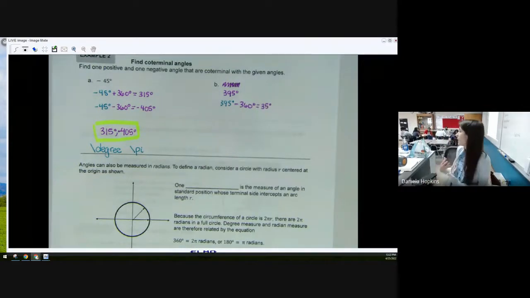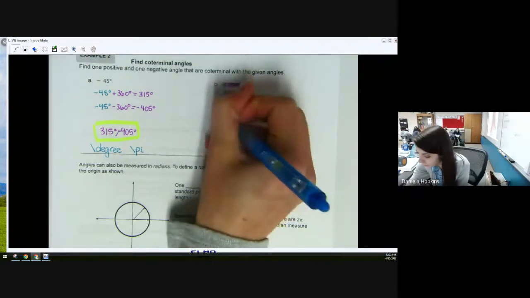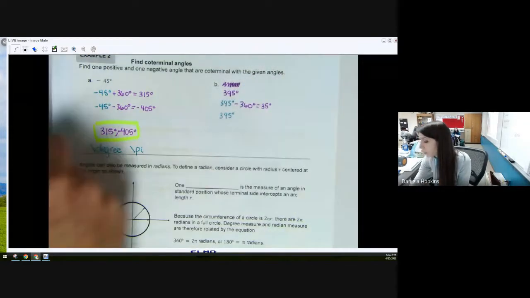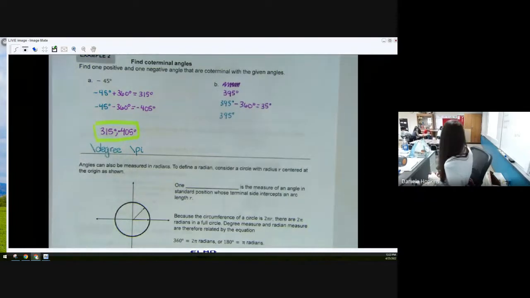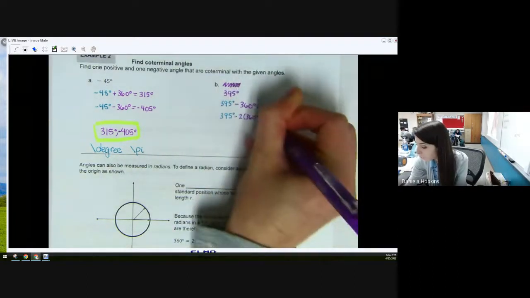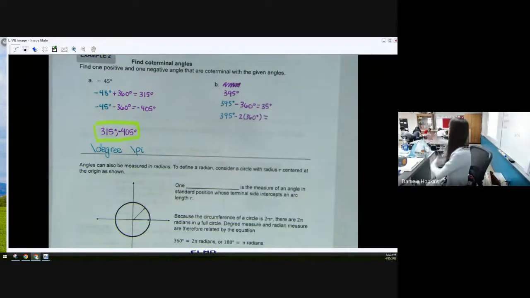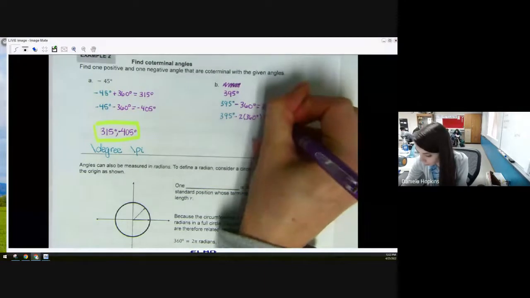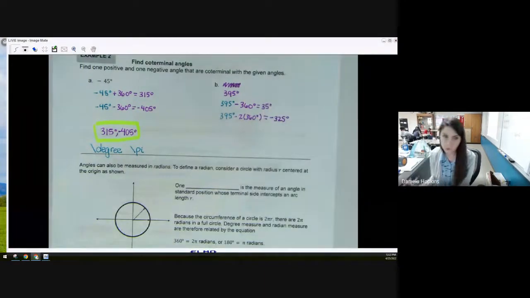Now, I haven't gotten my negative coterminal angle. What could I do to this 395 to get a negative coterminal angle? Because I already took away 360 and it didn't get me into the negatives. Say that again? Yeah, so you multiply by 2, right? So we could say, okay, minus 2 times 360, which yes is 720. And really, if you just think about it in terms of rotations, this is saying take away 2 rotations. And that would give me negative 325 degrees. So now I have a positive and I have a negative coterminal angle.